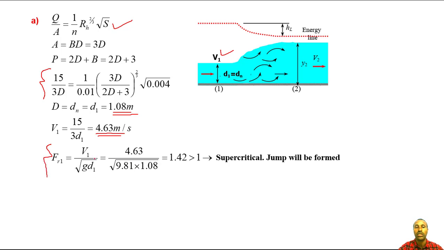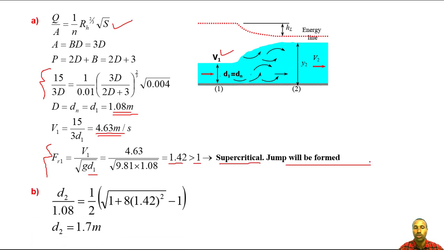So the Froude number is V1 over square root of g y1 for a rectangular channel. Then you have 1.42, which is greater than 1. Supercritical flow. So a jump will be formed. According to the hydraulic jump formula, D2 divided by D1 equals 1 over 2 times the square root of 8 F1 squared plus 1 minus 1. Then D2 will be the second depth or post-jump depth.